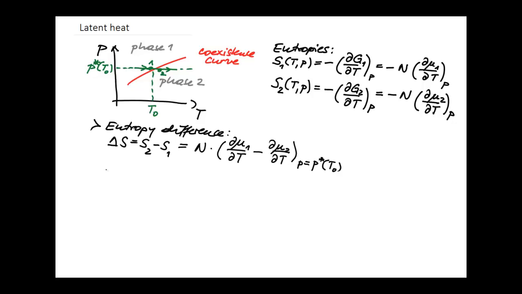So when we look at the entropy as a function of temperature, as we go along this green line, let's say first we are in phase 1 and we have this continuous entropy as a function of temperature, and then we reach the temperature T0 at which the phase transition happens.